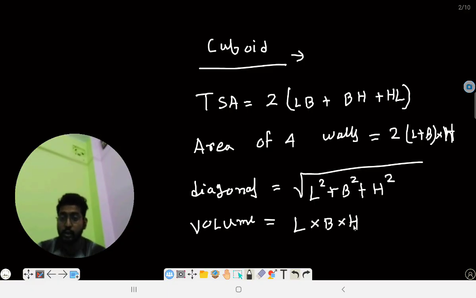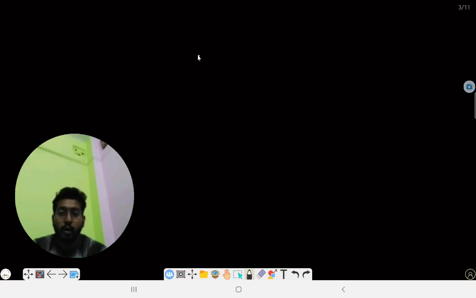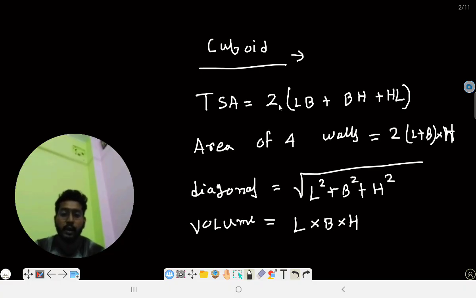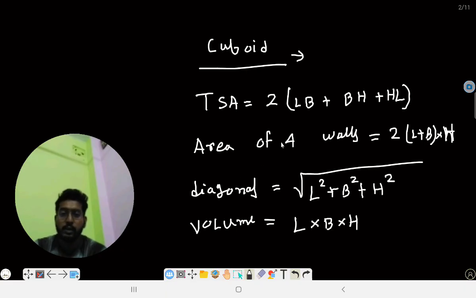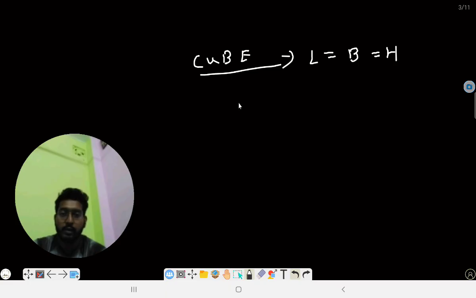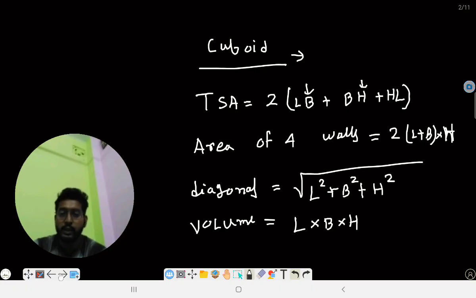Now the next one is a cube. For a cube, whatever formula is in the cuboid, the same formula will be there. But in a cube, L, B and H are all equal, so you have to just replace B and H by L. The total surface area: the formula was 2 into LB plus BH plus HL.